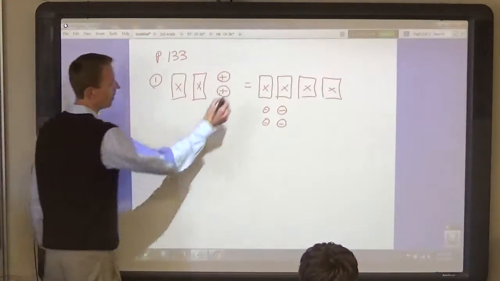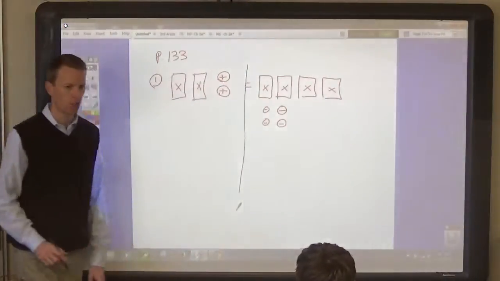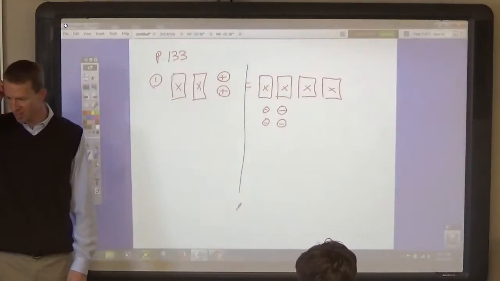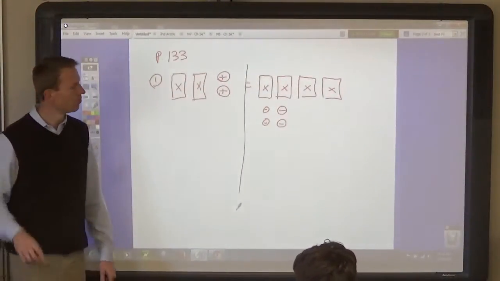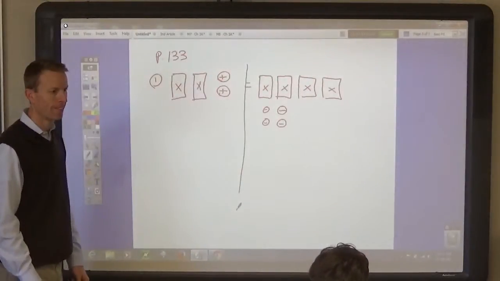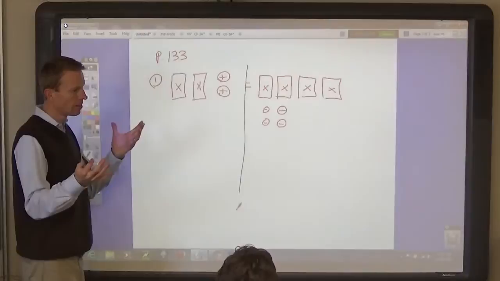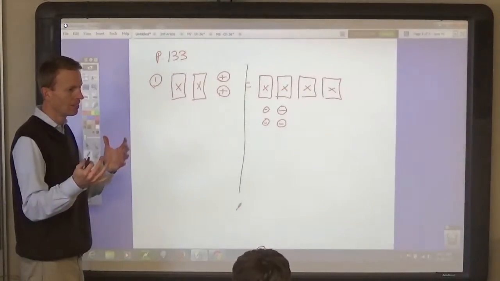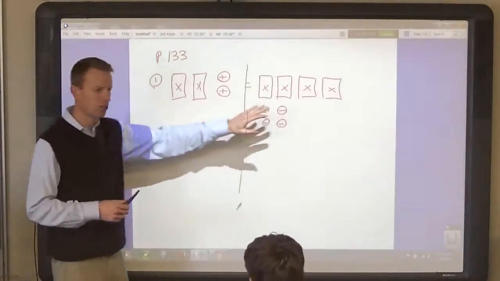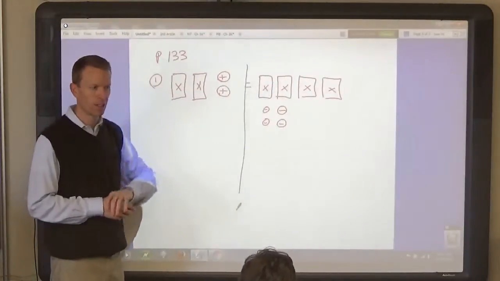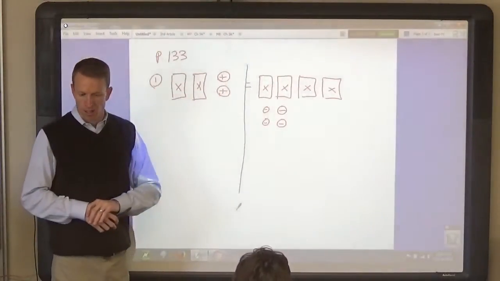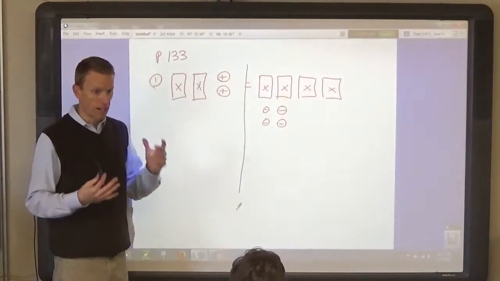Now, here's how I want you to show to solve these. Draw a line between them. We have to get rid of some x's, because we have x's on both sides. We want to just get rid of some x's on one side.